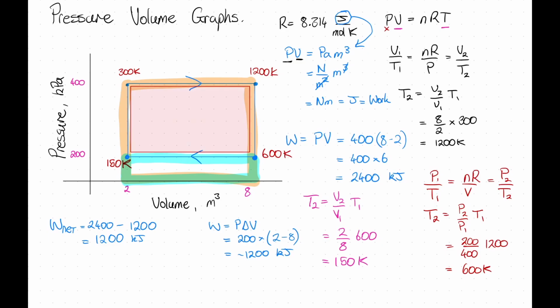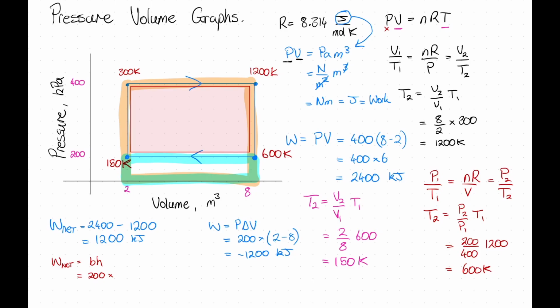So if we were to look at this and do that calculation, the work net should be equal to the base times the height of that rectangle. Our height in this situation is going to be 200, mainly because we're going from a height of 200 up to a height of 400 in our pressure. So our height is going to be 200 kilopascals, and our base is going to be our change from 2 meters cubed to 8 meters cubed, vice versa.